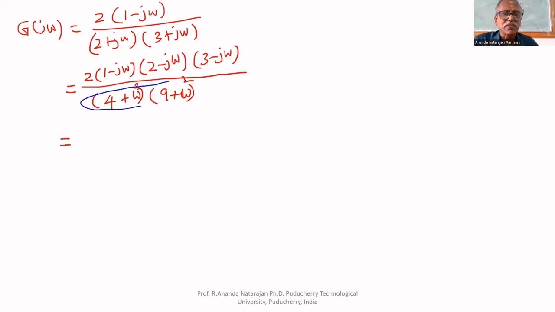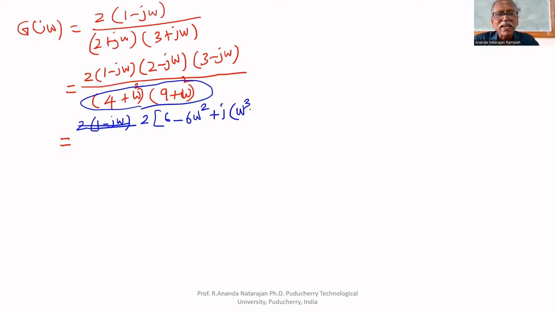Now the denominator becomes pure real, and the numerator consists of both real and imaginary parts: 6 minus 6 omega square plus j times omega cube minus 11 omega, over 4 plus omega square times 9 plus omega square.